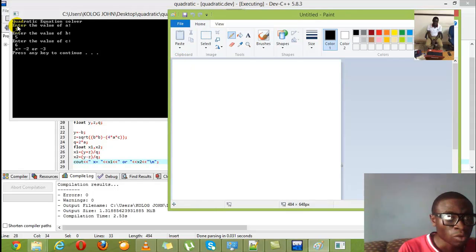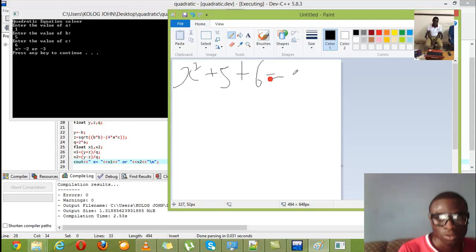So it means the equation here will be x square plus 5x plus 6 is equal to 0.